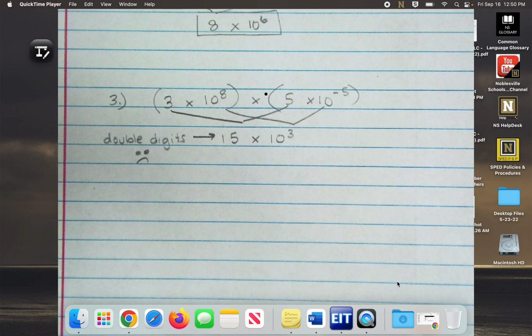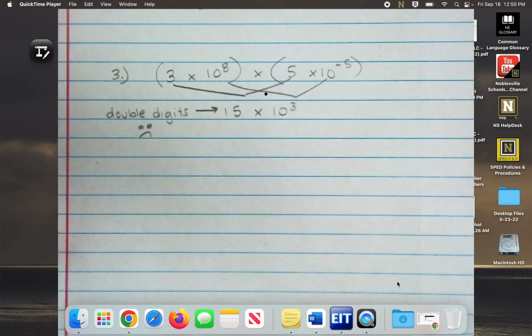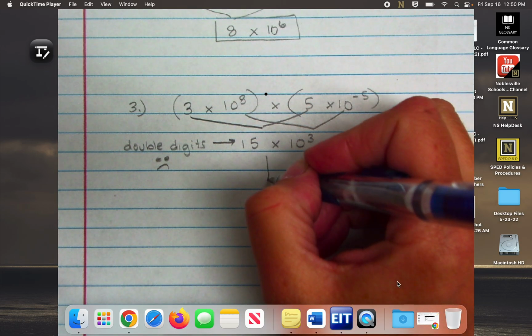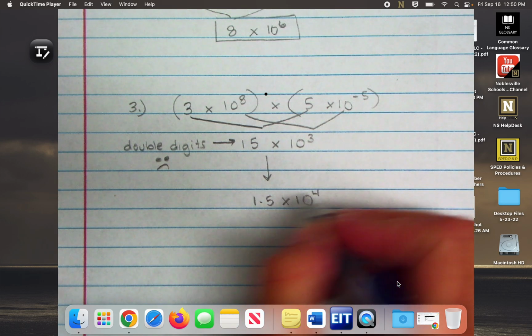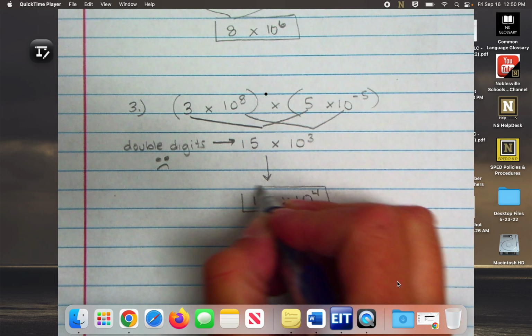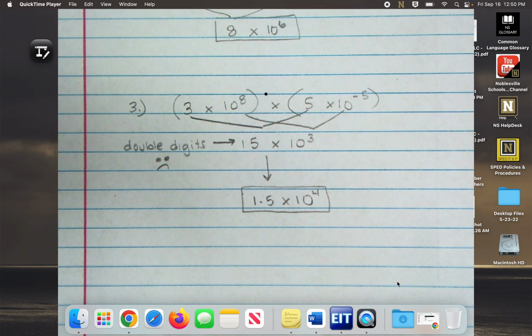So we were exactly right. That's the shower work. I'm going to show you exactly what you would do. Okay? So you would draw an arrow and you would put 1.5 times 10 to the 4th. That was just me trying to show you visually what's happening. You don't have to write all of that.